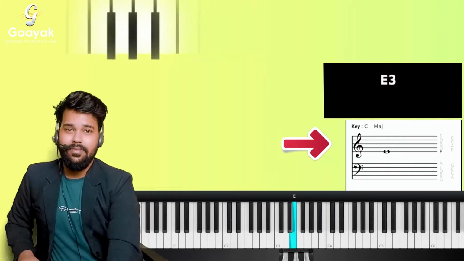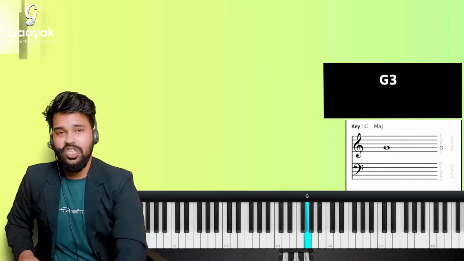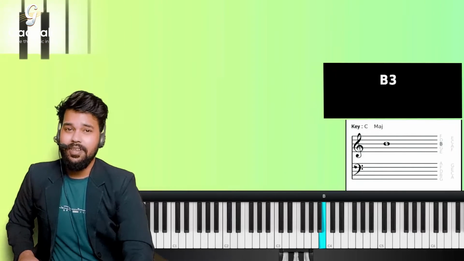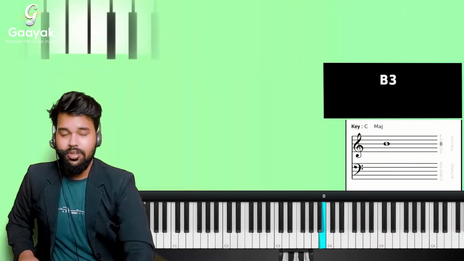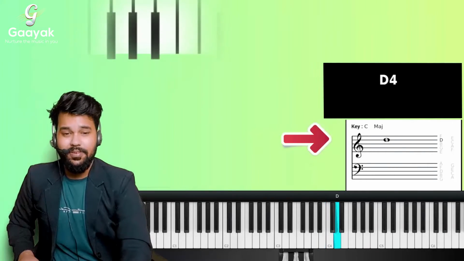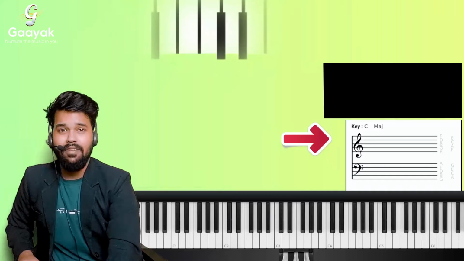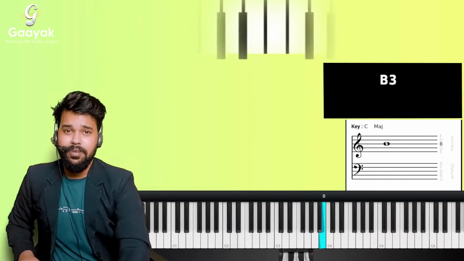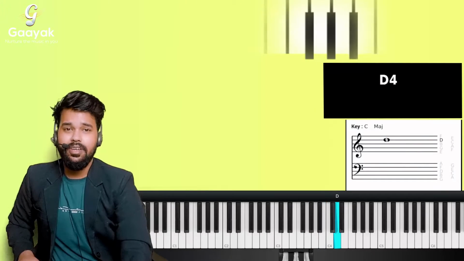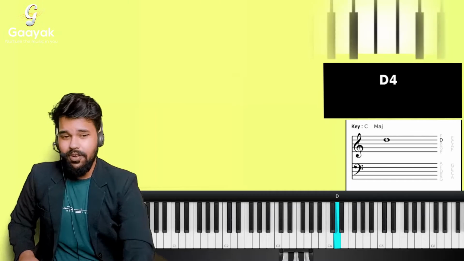Any note that falls on the third line is called a B note. So E, G, B. Any note that falls on the fourth line is called a D note.